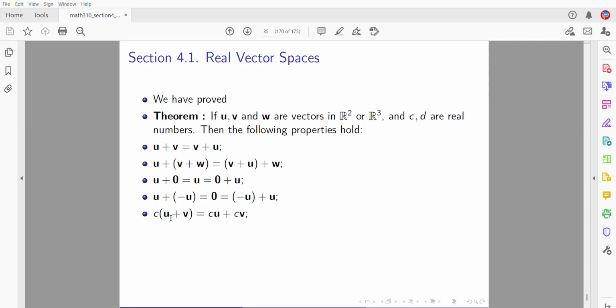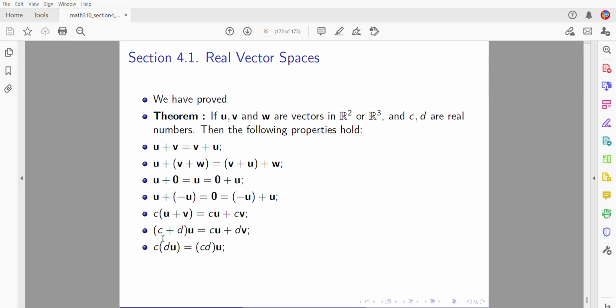What about scalar multiplication? So the first 4 properties are only about addition. Now the next 4 properties will be about how multiplication interacts with addition. Multiplication, not any multiplication, scalar multiplication distributes over vector addition. Scalar multiplication distributes over scalar addition.